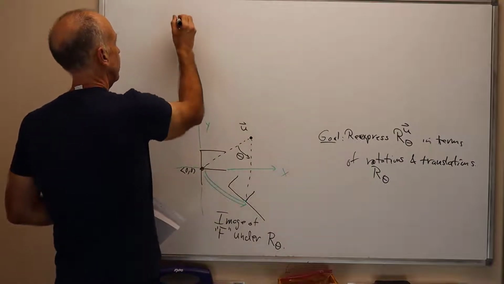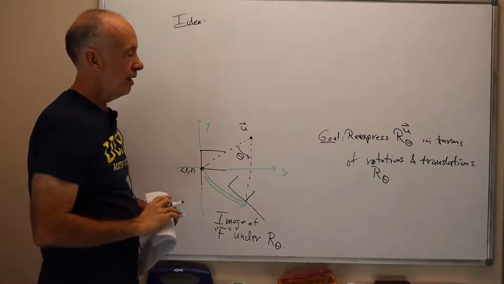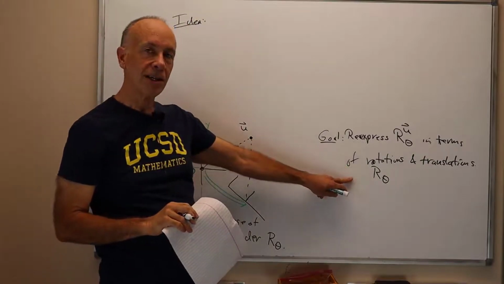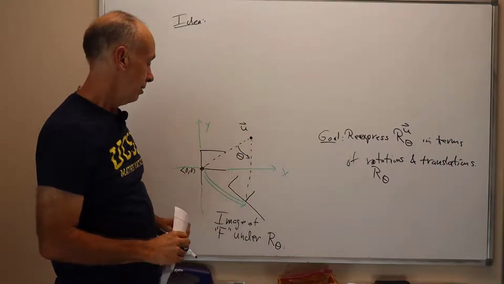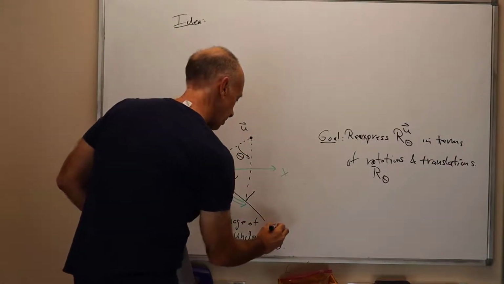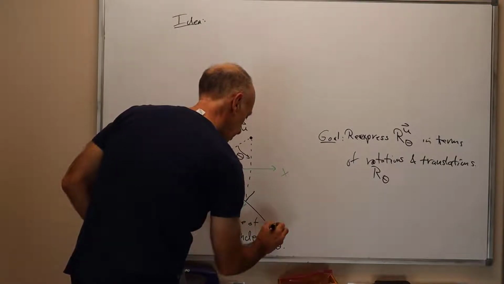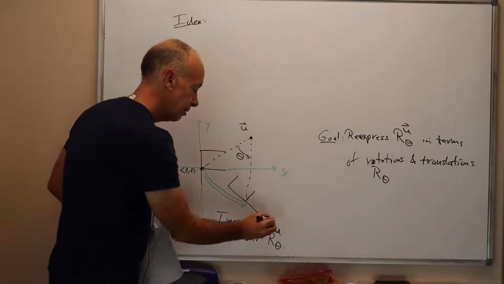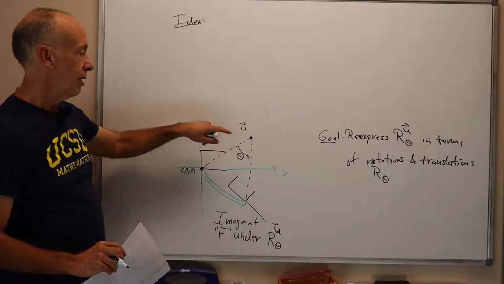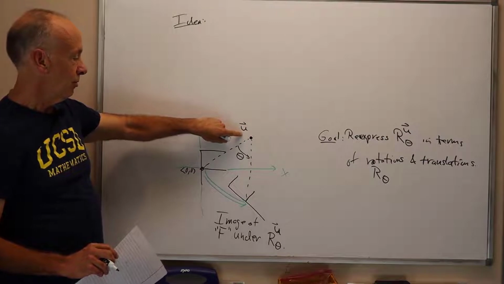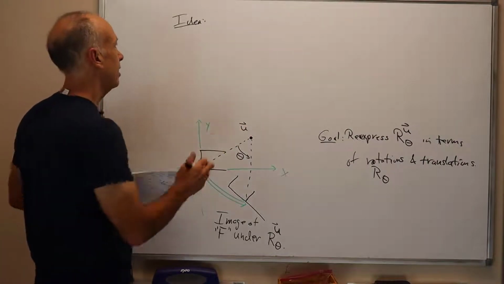So the idea is the following. We have rotations around the origin, r theta, which is the same as r zero theta, and we now want a rotation around the point u. The idea is we want to move u to the origin, do the rotation, and then move it back.